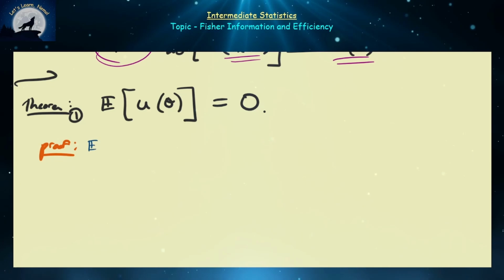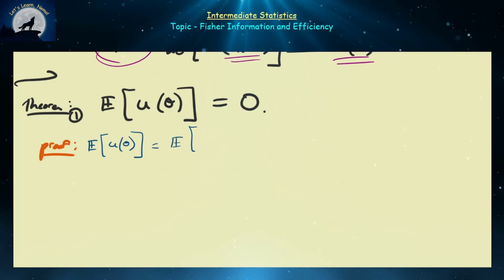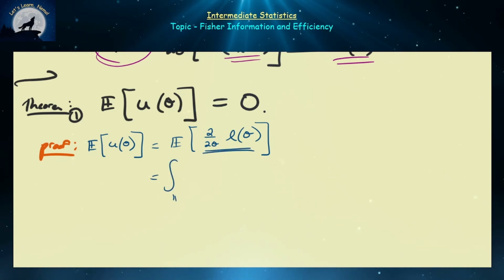What is the expected value of U(theta) by definition? It is the expectation of the partial derivative with respect to theta of the log likelihood function, and keep in mind we're only using sample size equal to 1. Since this is just a random variable, we can integrate against its probability density function.